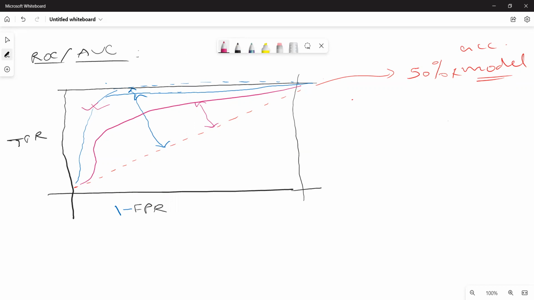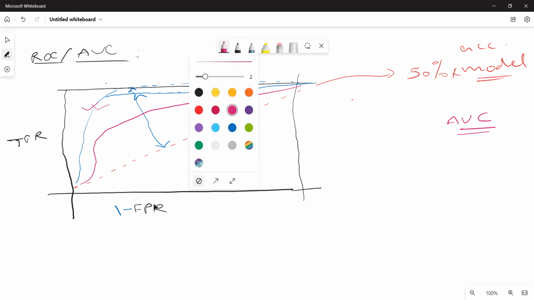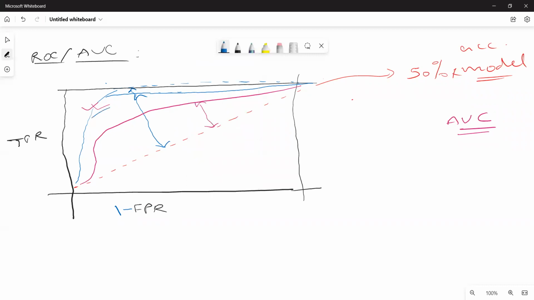And what is the area under the curve? The area under the curve is this entire region from the blue, from here to here. Let me just mark it. So this entire region is the area under the curve. That number should be as high as possible.